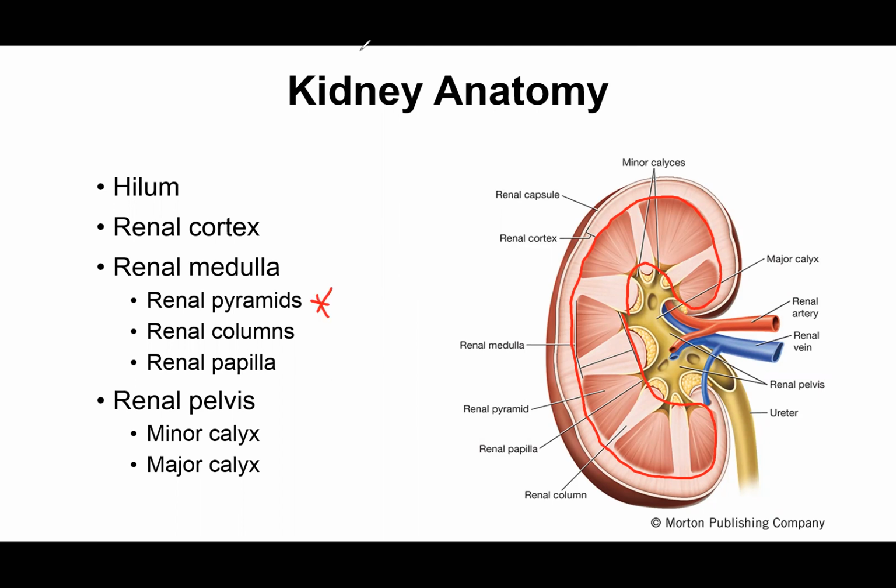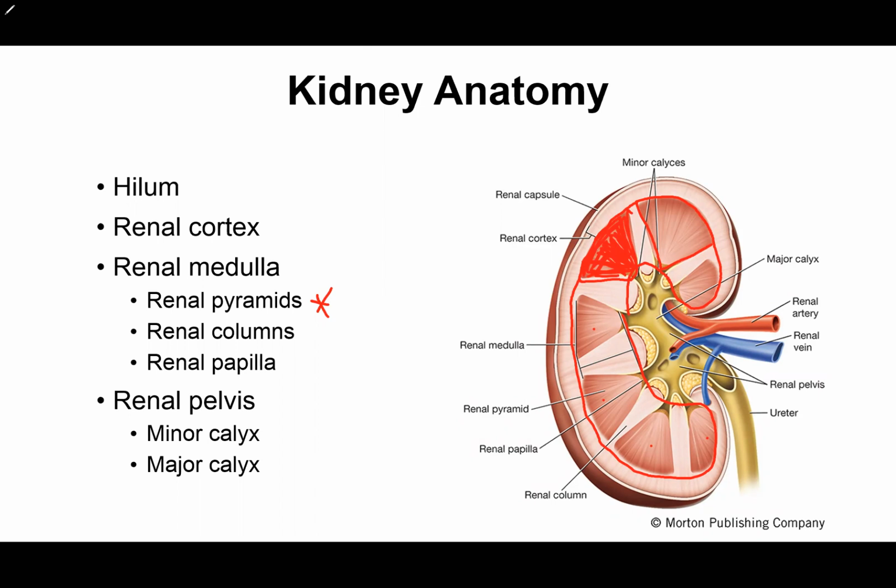The renal pyramids are structures that literally look like pyramids. Let me just shade one whole pyramid in for you. So here is a renal pyramid, and you can see them all along this drawing. Each pyramid is going to contain looping tubules of nephrons.